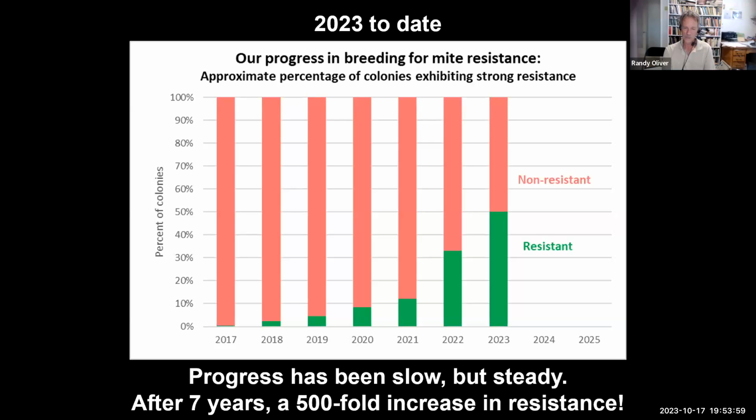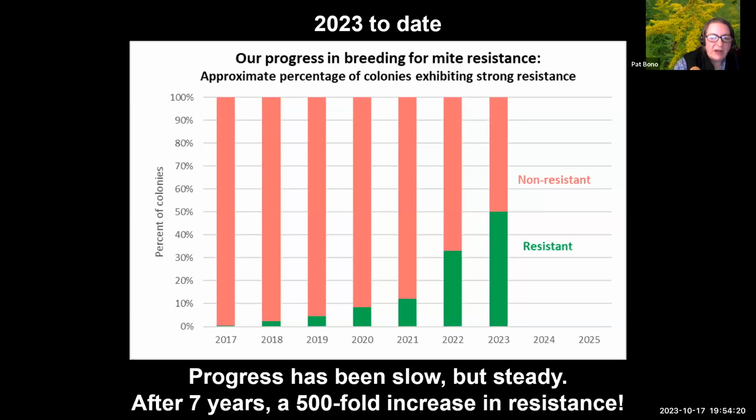So no one's going to be able to just buy this stock and in 1 year breed resistant stock. They're going to have to engage in a program similar to ours, where they go out mite washing everybody every year to maintain that. But at least this is a start to get the whole industry moving in the right direction.